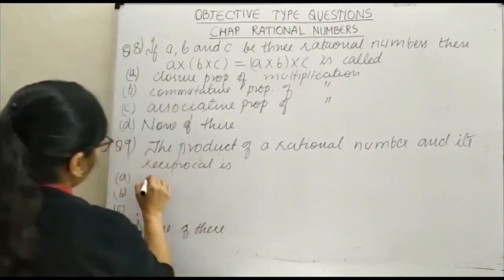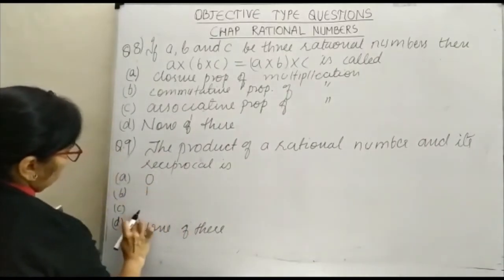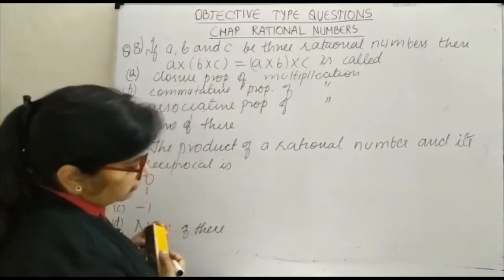Your first option is 0, second is 1, third is -1, and the last one is none of these.